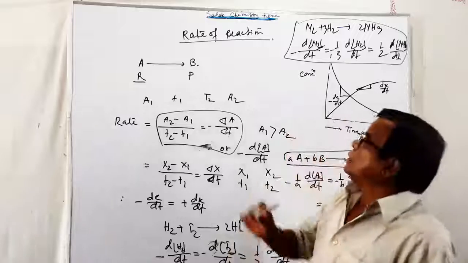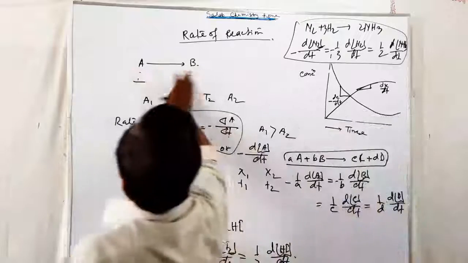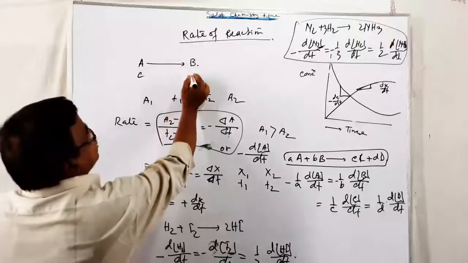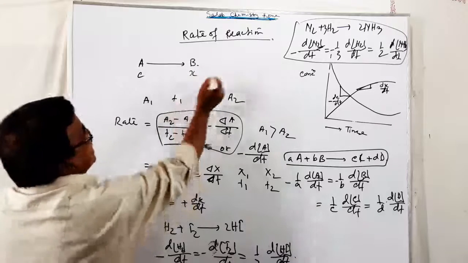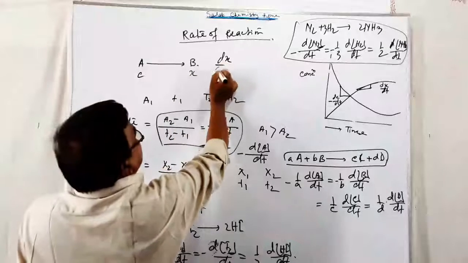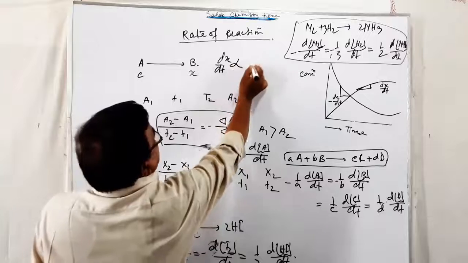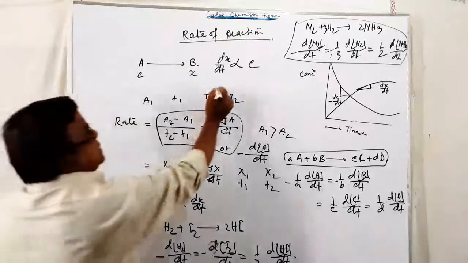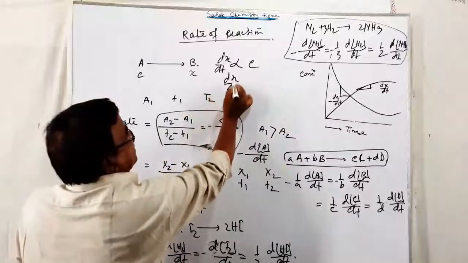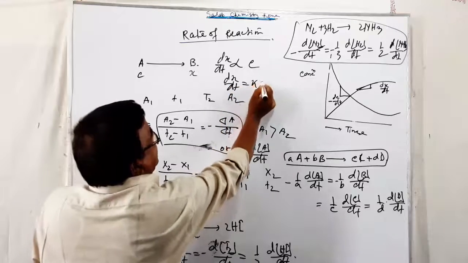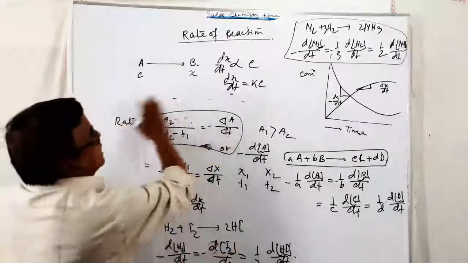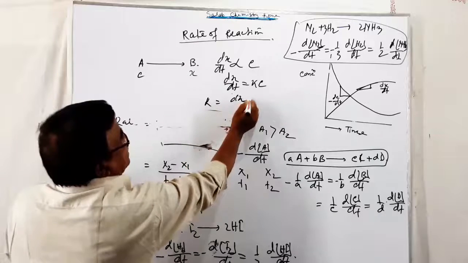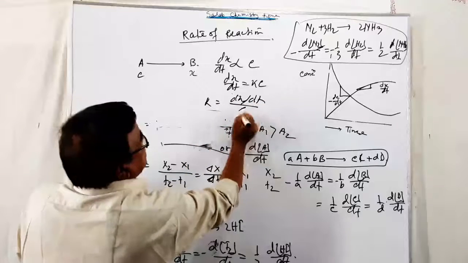If we consider this reaction, the concentration of A is C and the concentration of B is x, then dx by dt is directly proportional to the concentration of reactant, that is dx by dt equal to Kc, where K is the rate constant. Then K is equal to dx by dt divided by C.